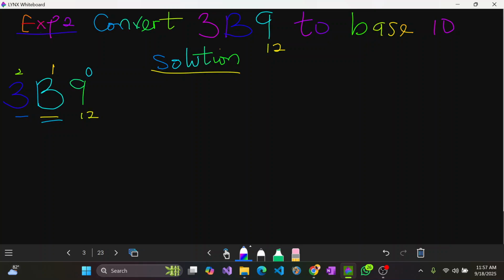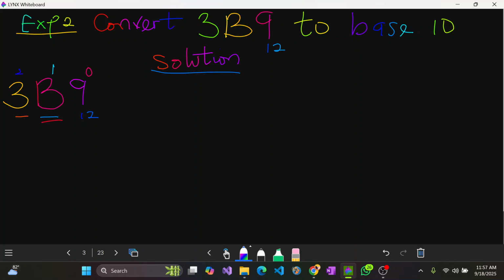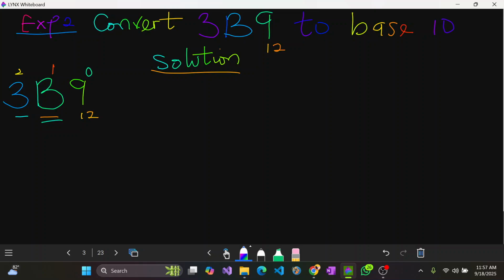So 10 is represented as A. It means 11 will be represented using B, then 12 will be represented using C, and it goes on like that. So in this case, we have B, and B means 11.